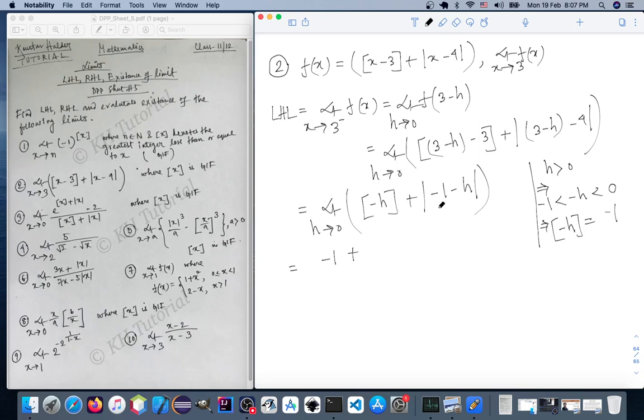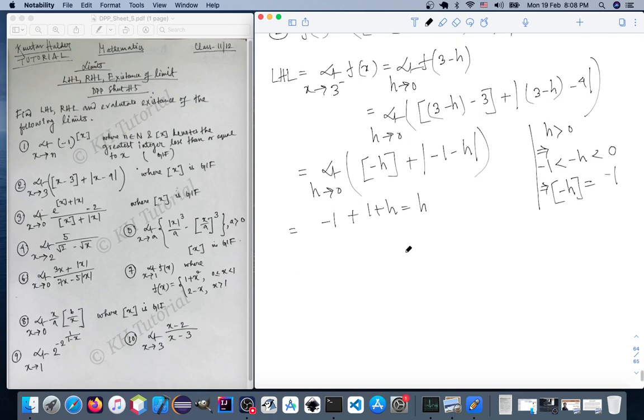If we take it out from the mod, it will become 1 plus h. So minus 1 plus 1 plus h equals h. So LHL is coming out to be h. Let's see what is RHL.